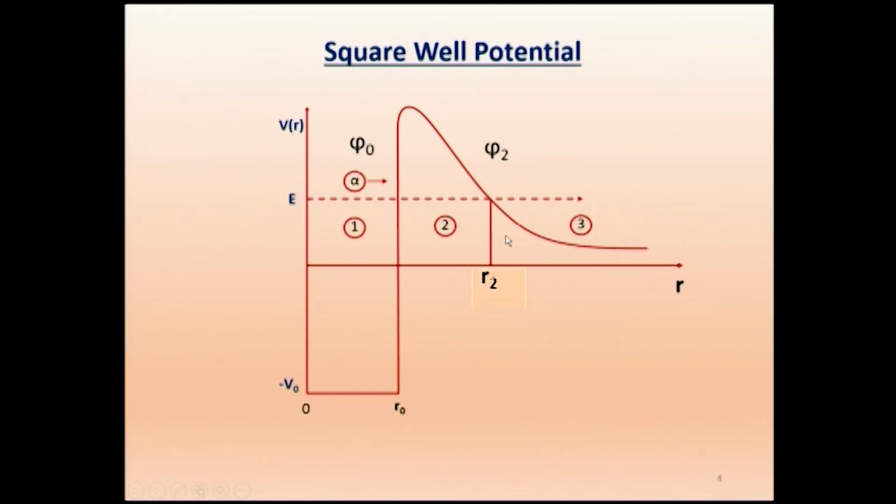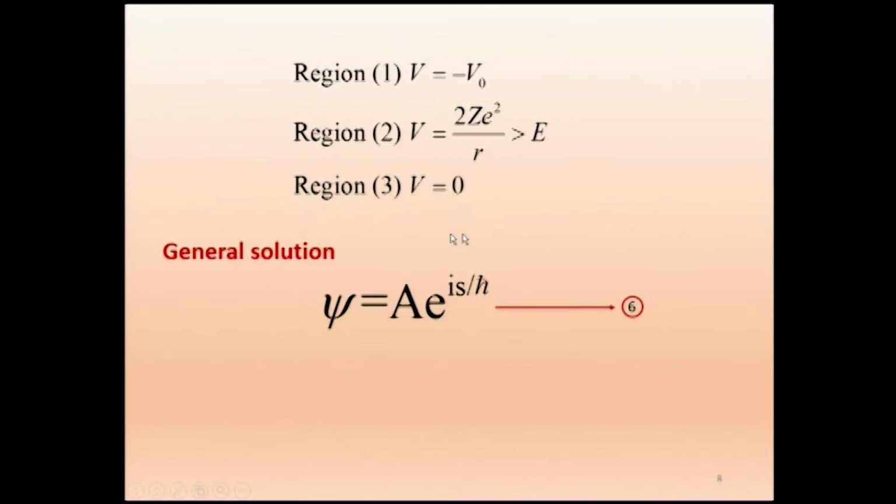Therefore, we go back to the equation to proceed with the derivation. In region 1, V is minus V naught. In region 2, it is 2Z e squared by R, which is greater than E because of the barrier height. The energy of the alpha particle is E, but the barrier height is large.